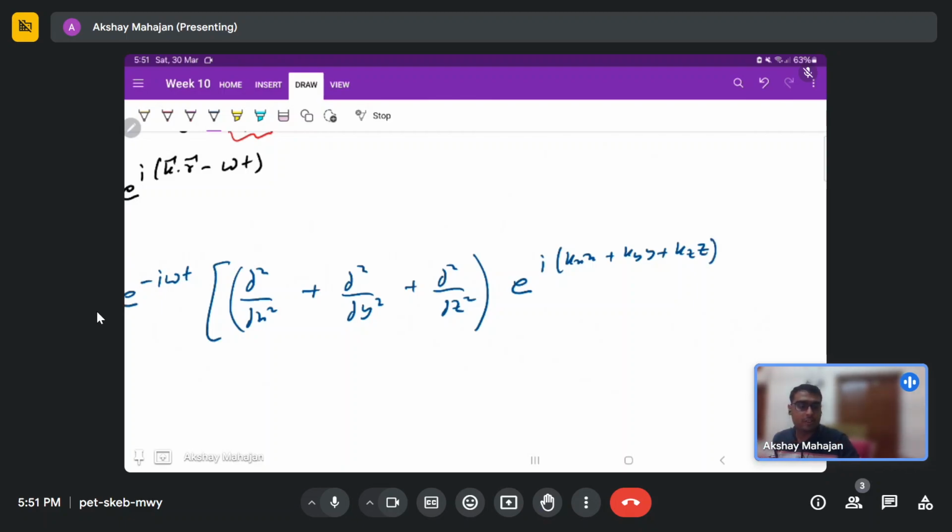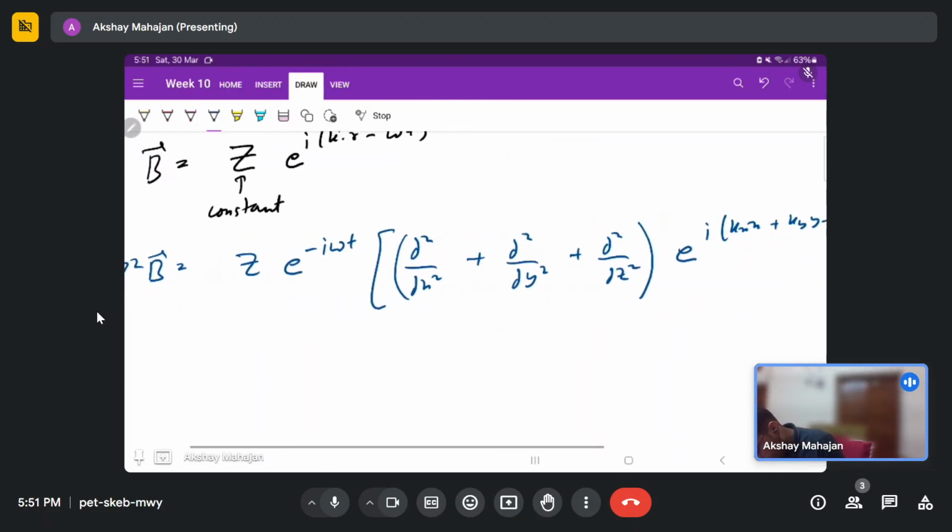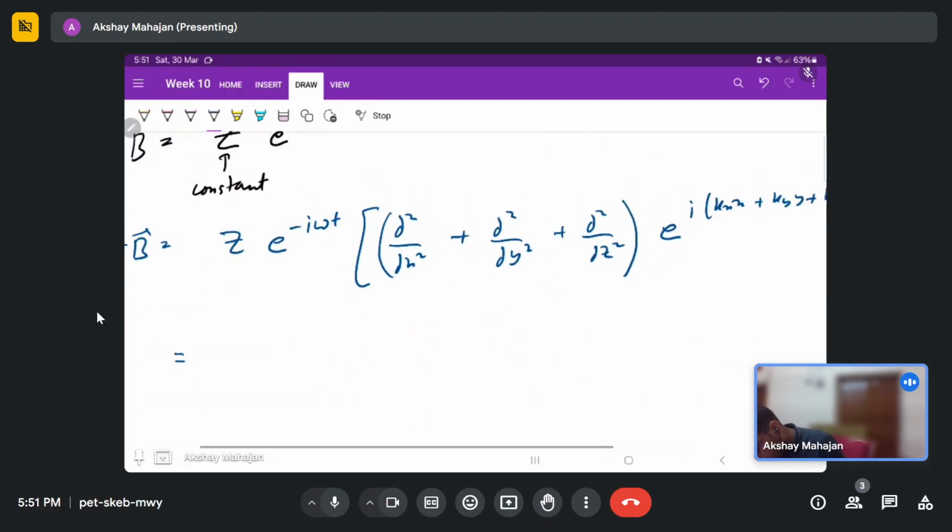So if you do this differentiation, what we will get is z e to the power minus iota omega t.